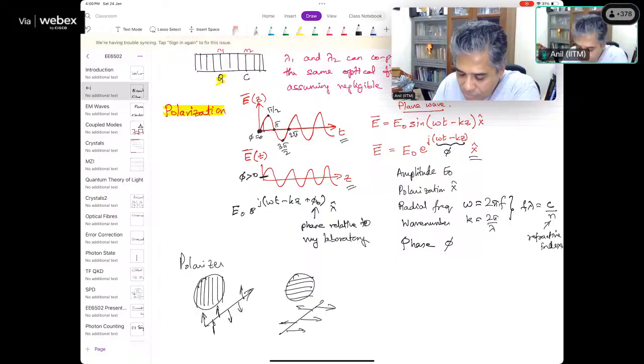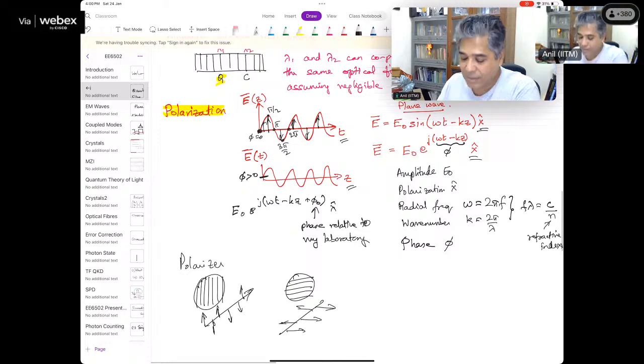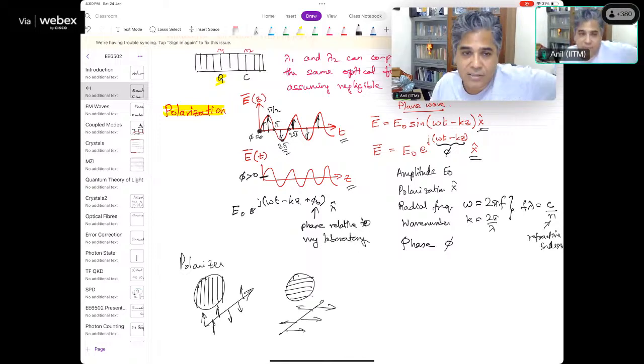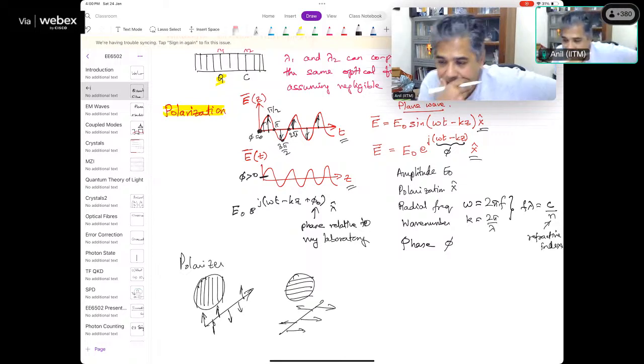So you have to ask what is oscillating out here, and it is this electric field that's oscillating up and down. So that electric field is what we are describing along the x direction and saying that that is the polarization. I don't know if that helped, but that's the best I can do.